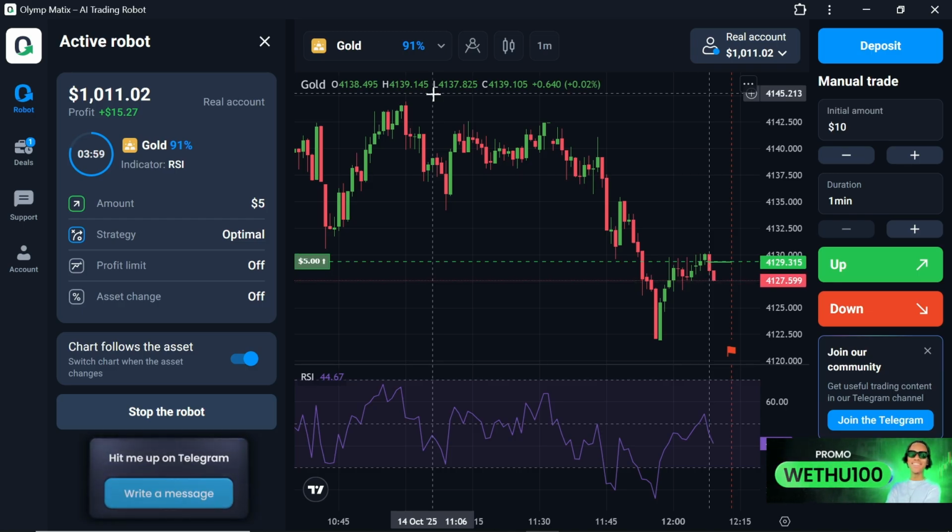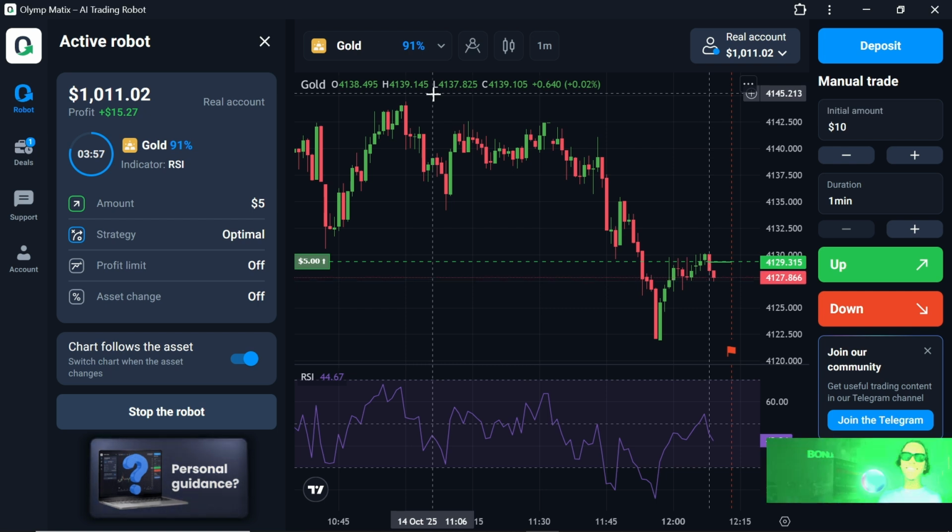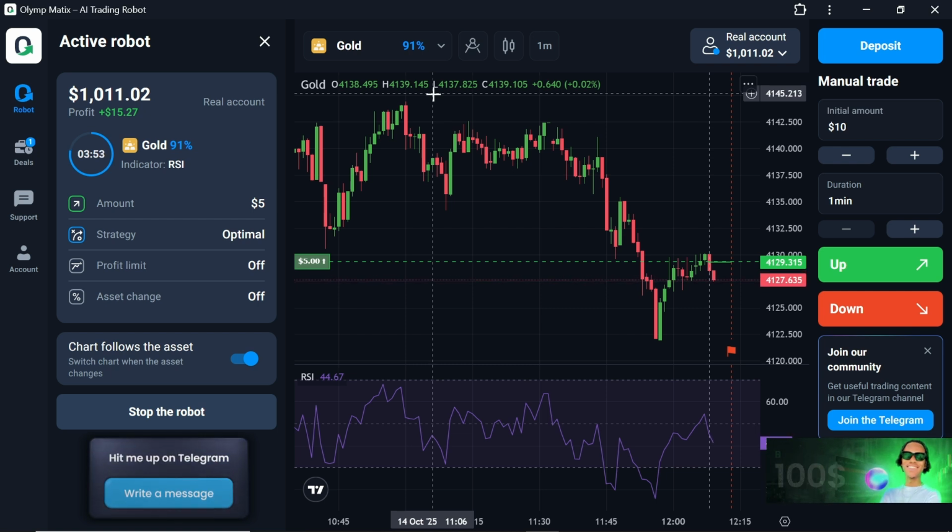So with that said, let's hold again, and let's wait for our 5-minute timer to finish and see if we're going to end in profit or a loss.